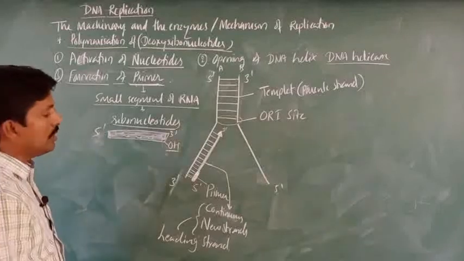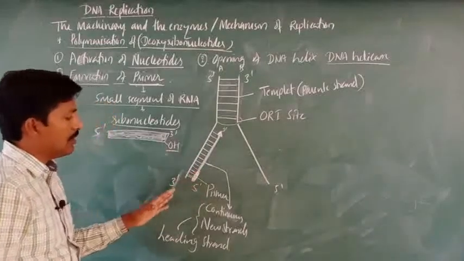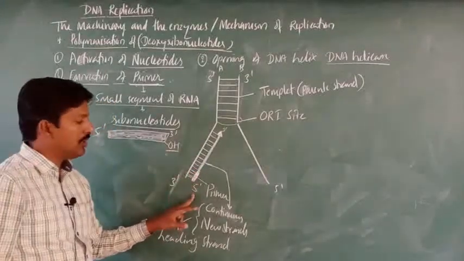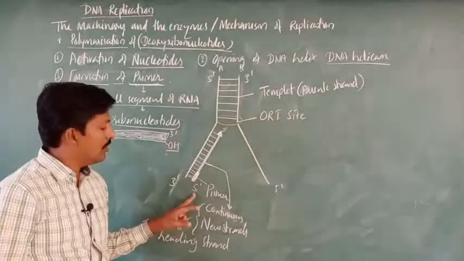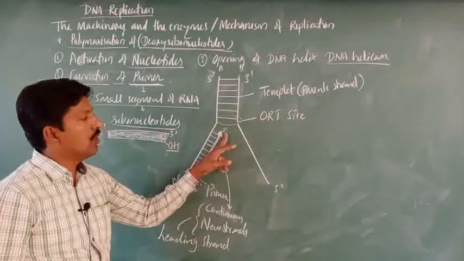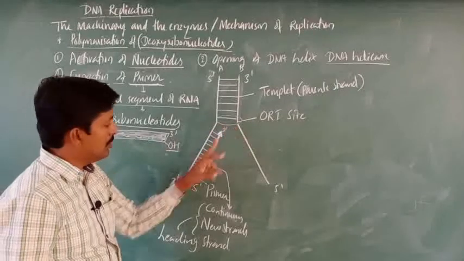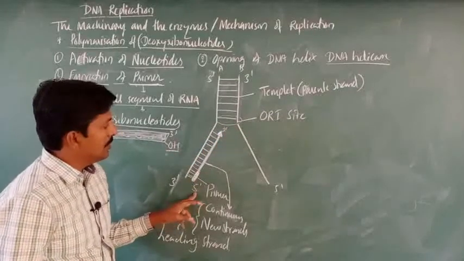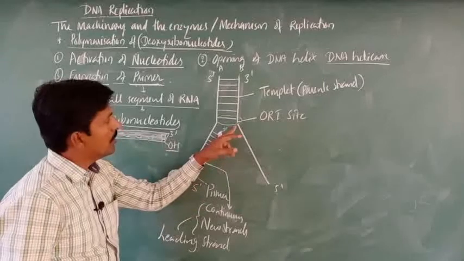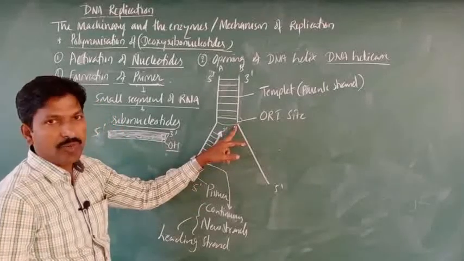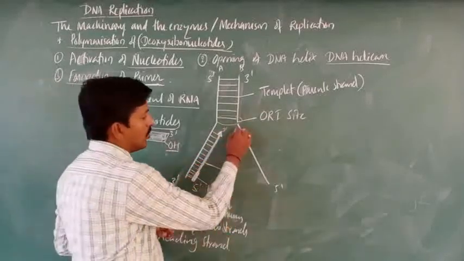Right. So another one is, actually the primer also begins in the fifth to third direction. Here there is no third open end, so that's why it does not become continuous.